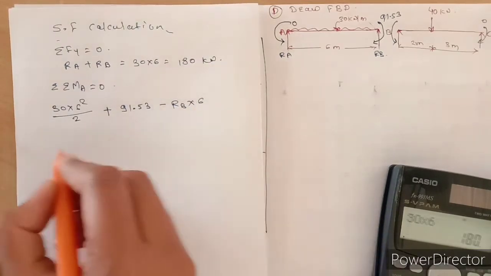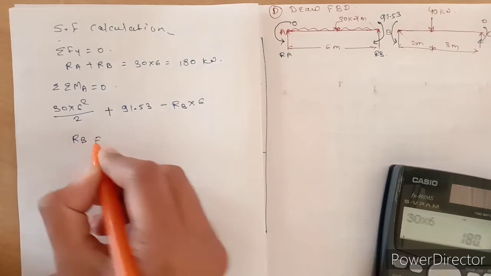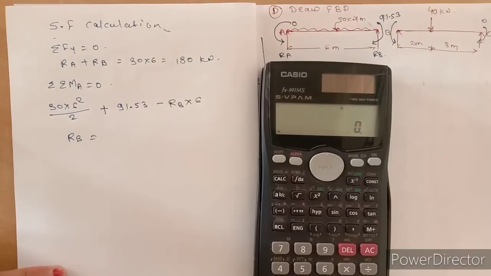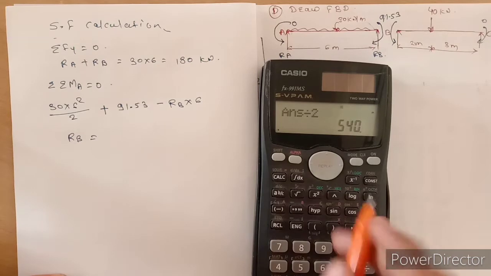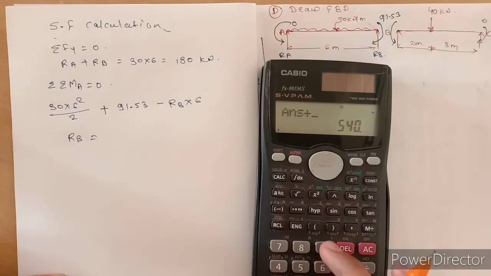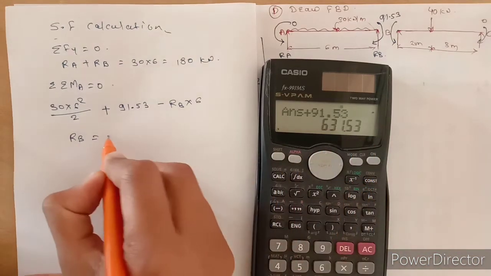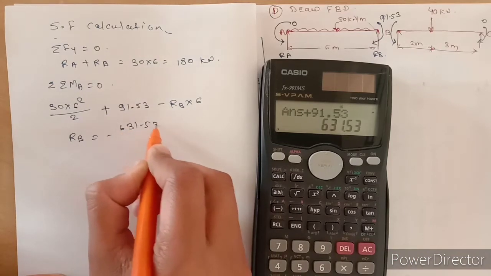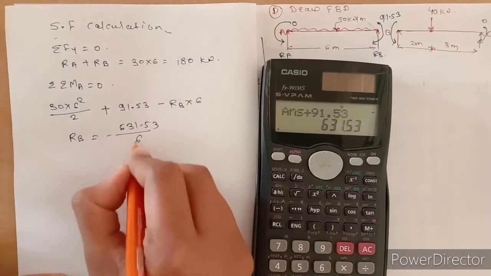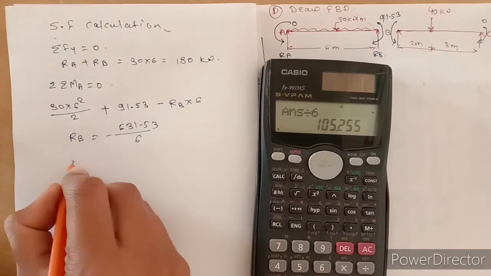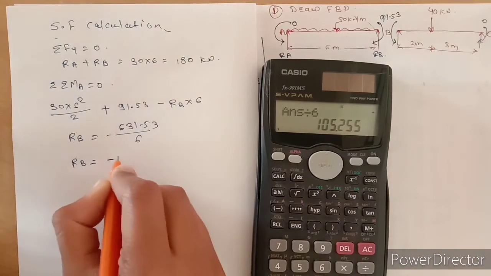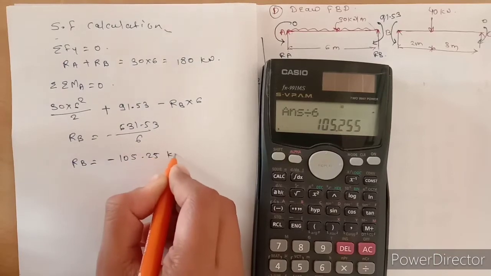So from this equation we get the RB value. 30 multiplied by 6 square divided by 2, the answer is 540, plus 91.53 is equal to 631.53. Minus 631.53 divided by 6. So the answer is RB is equal to minus 105.25 kilonewton.